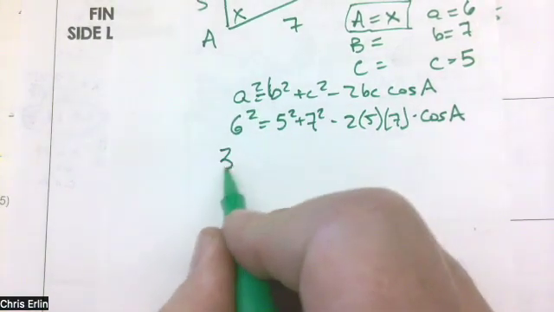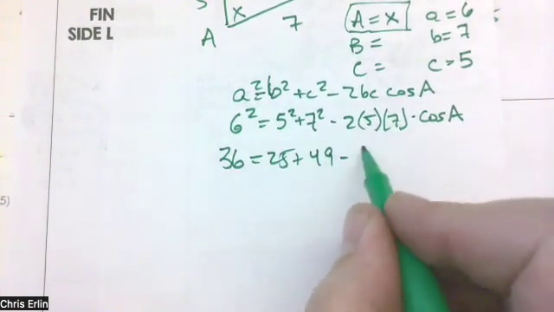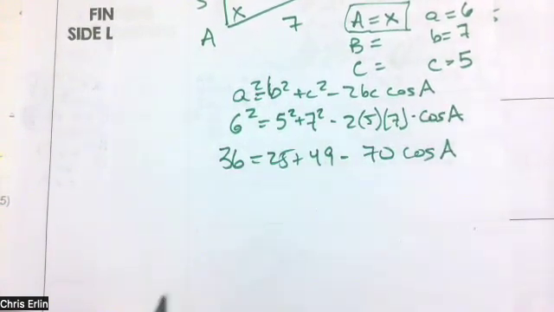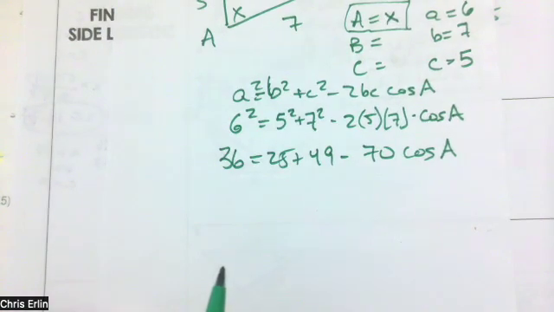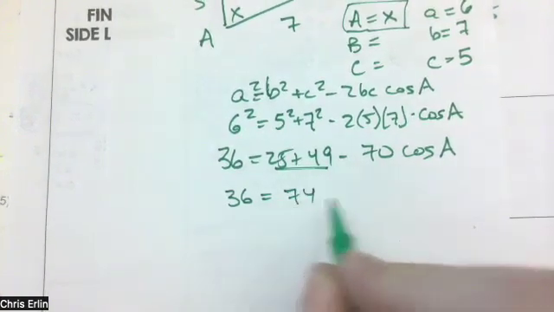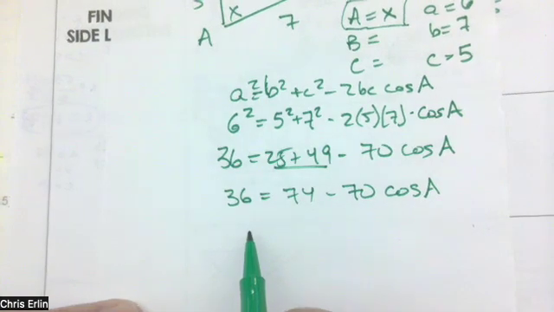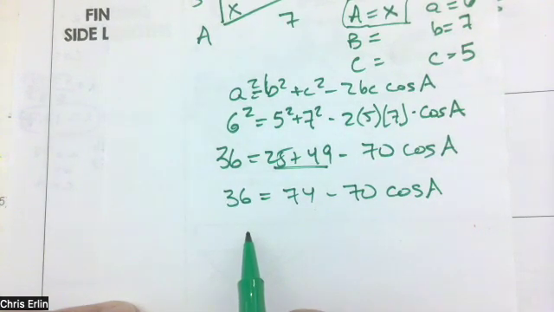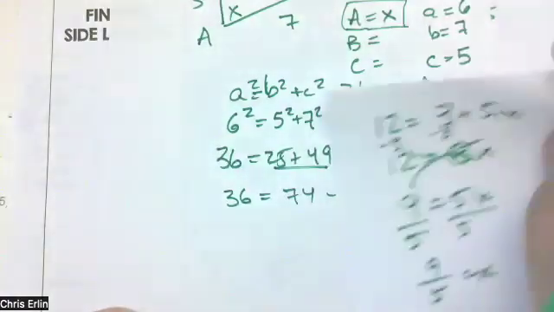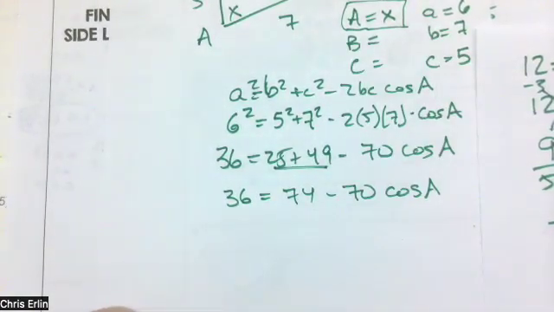Okay, so I'll do this part. 36 equals 25 plus 49 minus 10 times 7 minus 70 cosine of A. Now what? 36 equals 74 minus 70 cosine A. Now what? Isn't it this now? What do I do?